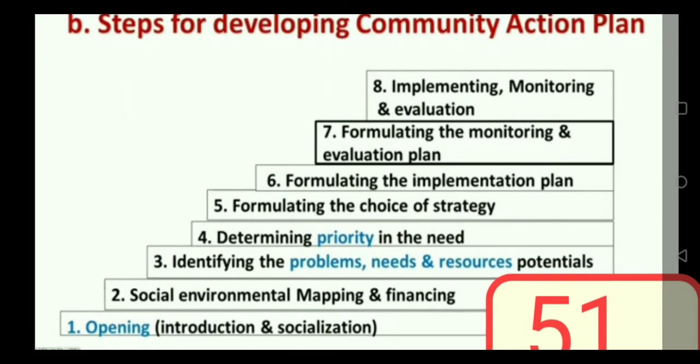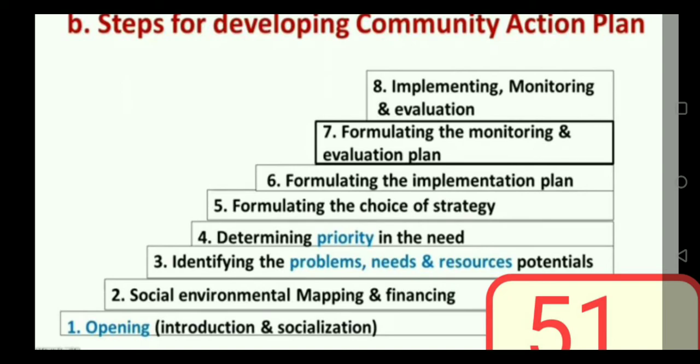So next one is step 4, developing the community action plan. First point is opening or introduction and socialization. Second one is social environmental mapping and financing. Third one is identifying the problems, needs and resource potentials. Fourth one is determining the priority in needs.